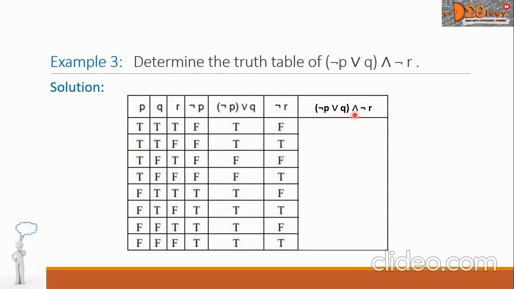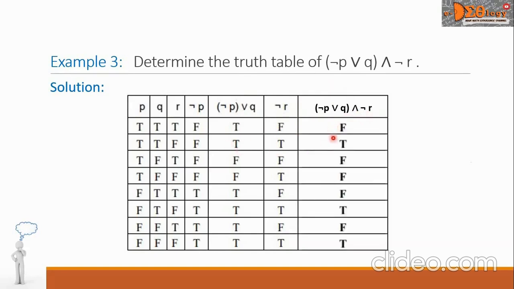Remember that for the AND, this becomes true only when both of the propositions are true. So T and F is F, T and T is T, F and F is F, F and T is F, T and F is F, T and T is T, T and F is F, T and T is T. This is our final answer.